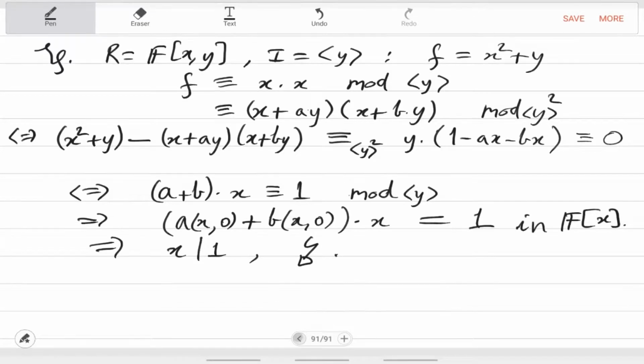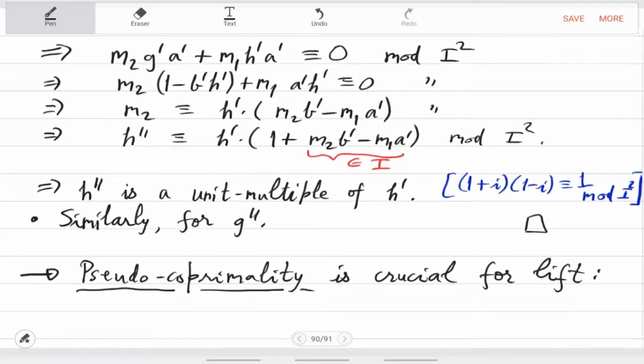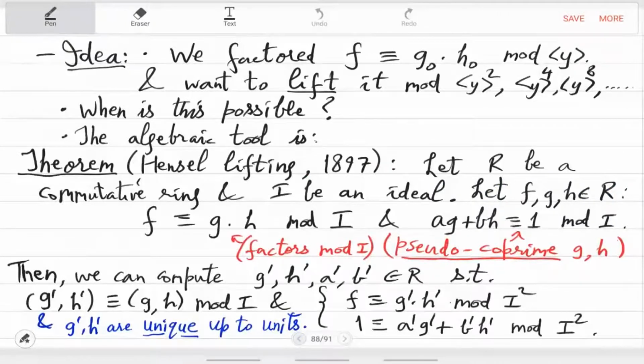Okay. Yeah, the last thing that remains is what Ashish was worried about, what happens to degrees when we are talking about the bivariate example. So the special case of this Hensel lifting theorem, when R is bivariate, and say you started with a nice factorization of f into g and h, where both g and h are monic.